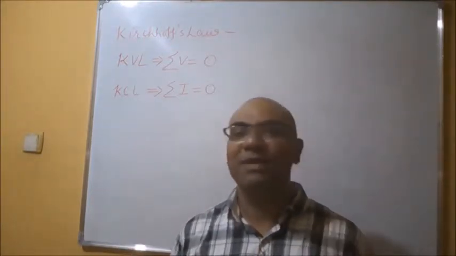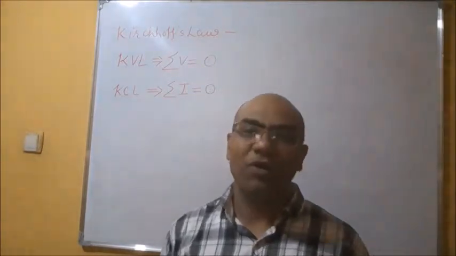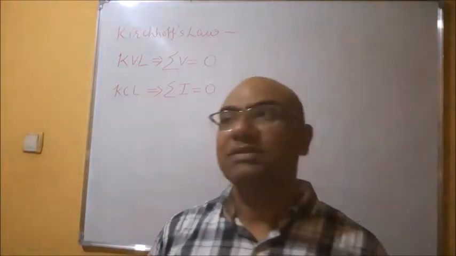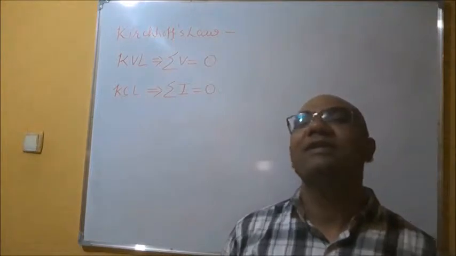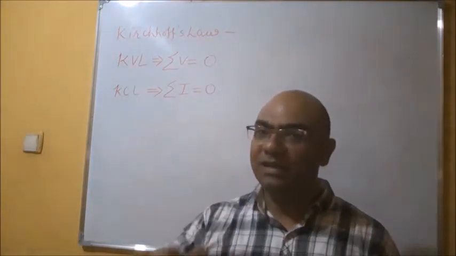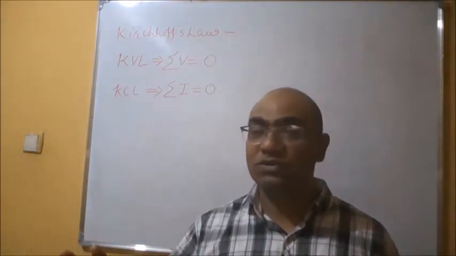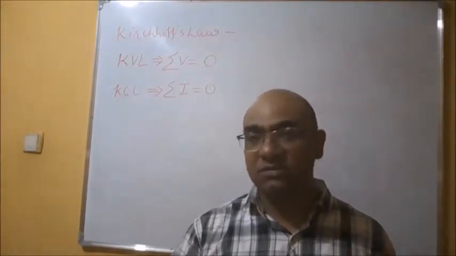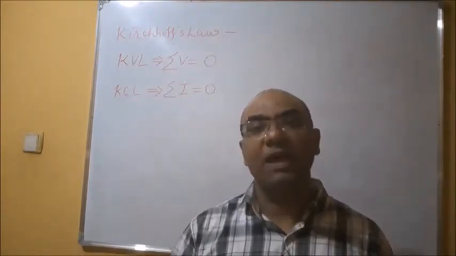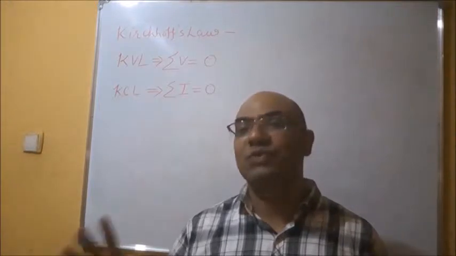But these sources may be AC type or DC type. In the beginning, we will go for DC type, and hence we will study circuits having DC sources with resistance only.